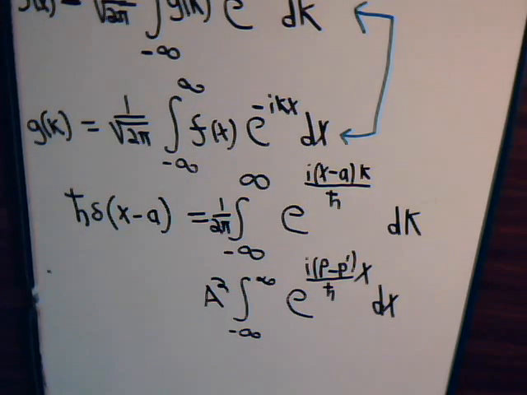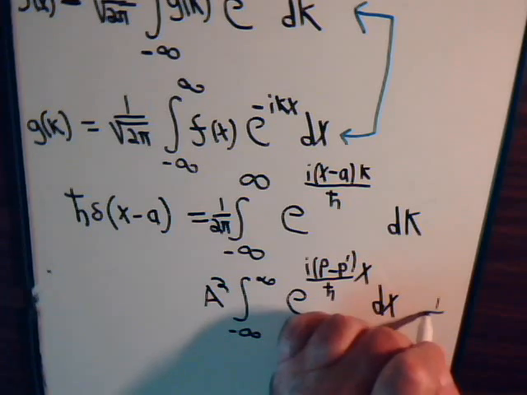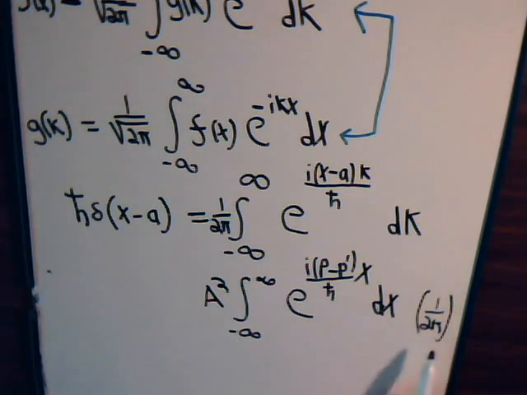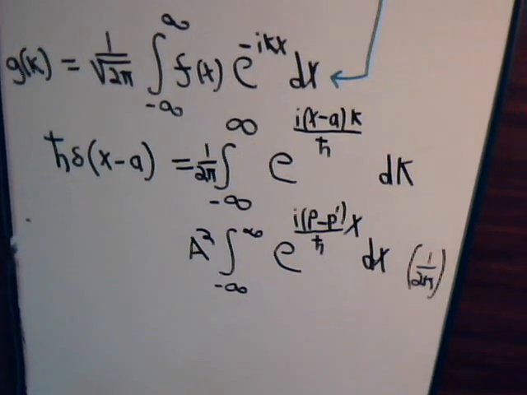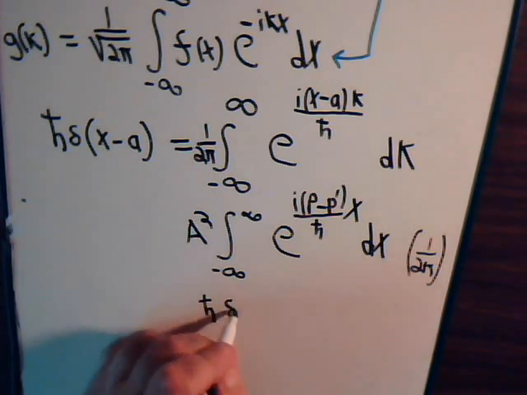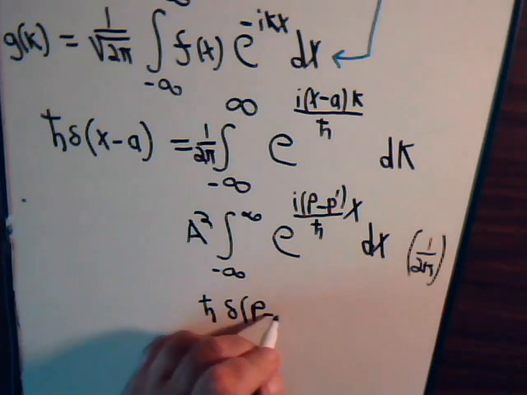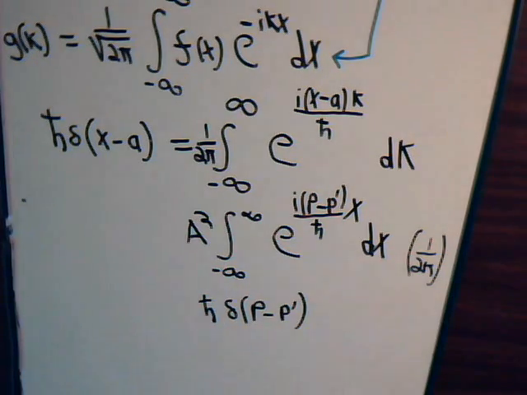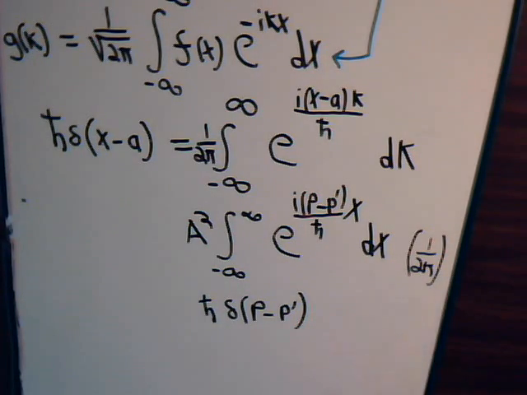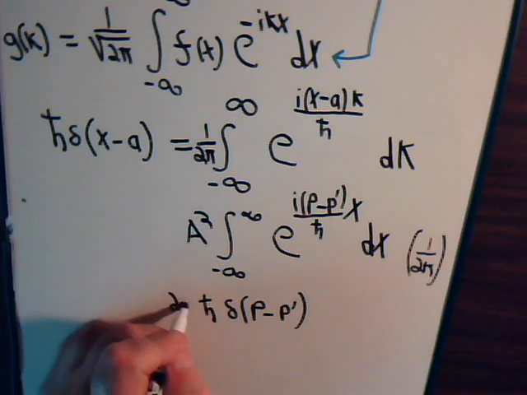Okay, now it's correct. Well, then imagine for the moment that this integral right here was divided by 2 pi. This integral divided by 2 pi would then be the Dirac delta function of p minus p prime. Except this integral here is not divided by 2 pi, so we're going to have 2 pi times this.